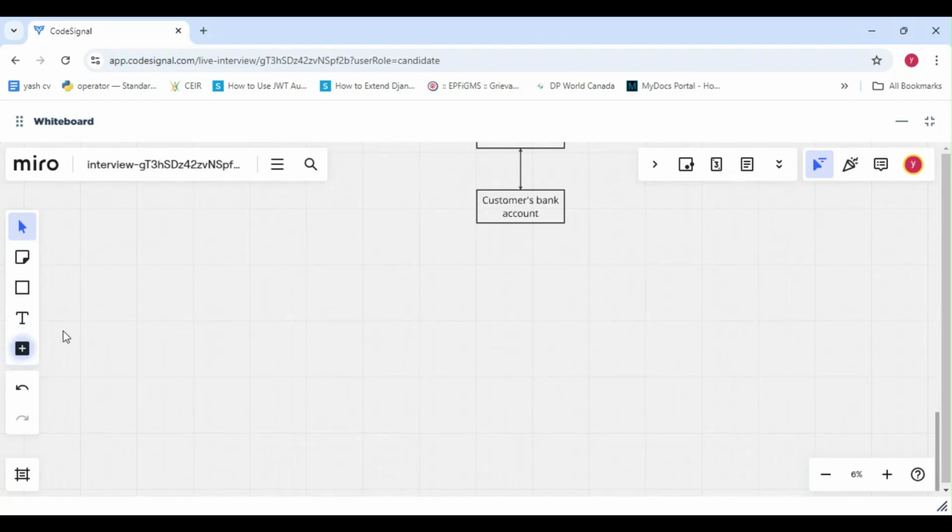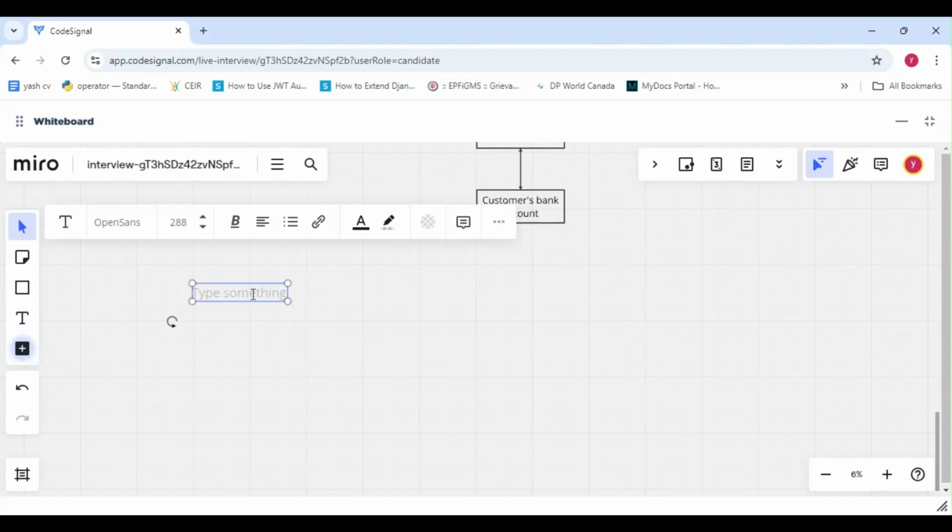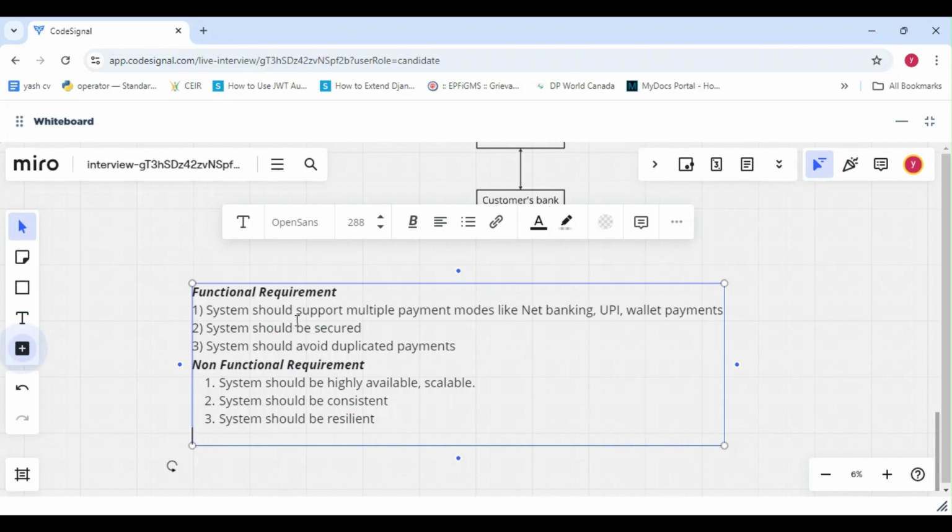So let's write the functional requirements. The system should support multiple payment modes like net banking, UPI, wallet payments, and card payment. The system should be secured, and it should avoid duplicated payments. Non-functional requirements: the system should be highly available, scalable, consistent, and resilient. Some parts of the system should be highly available and some parts should be highly consistent.